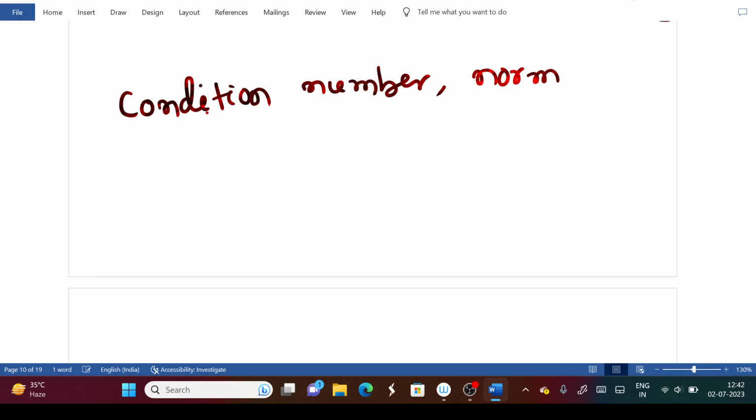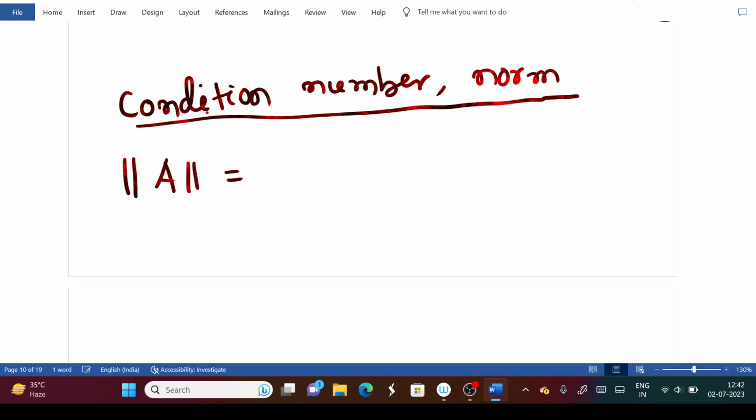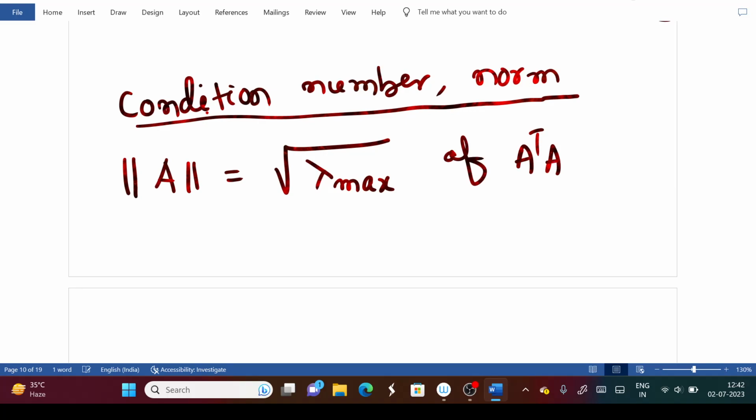Norm of a given matrix. For a given matrix A, norm of A is equal to square root of lambda max of A transpose A. That means find the eigenvalues of A transpose A, and the square root of the largest eigenvalue is my norm of A. Similarly, what is norm of A inverse?